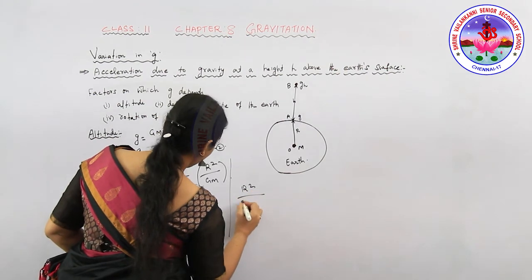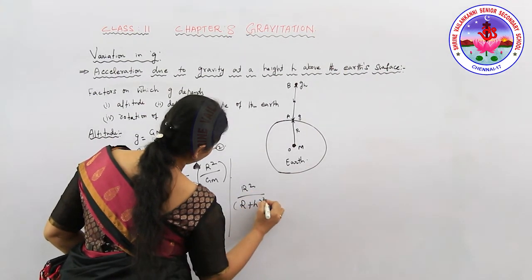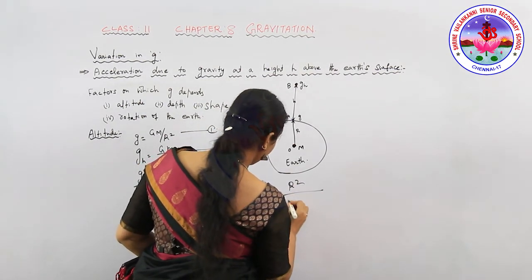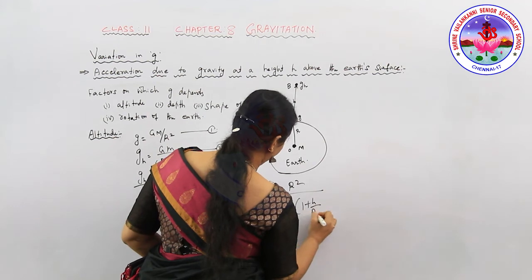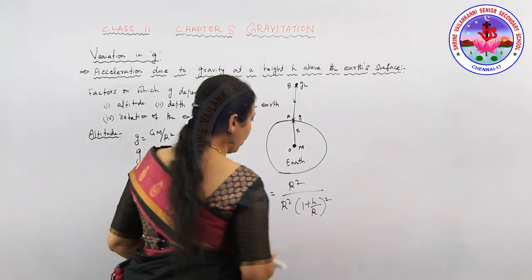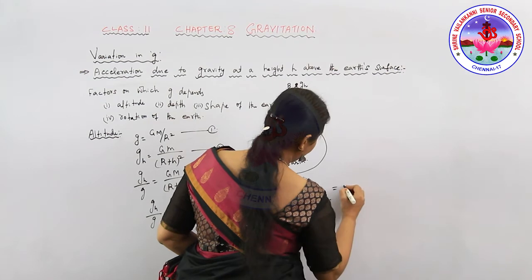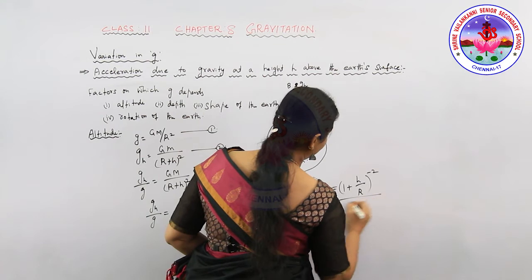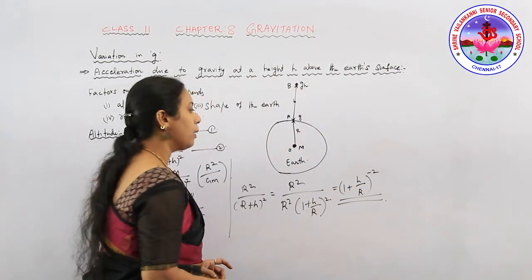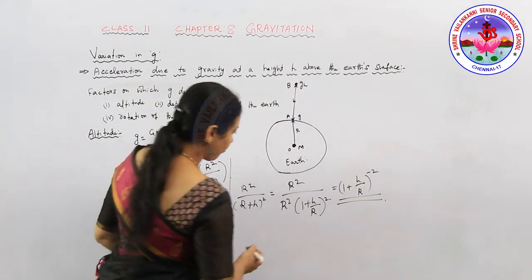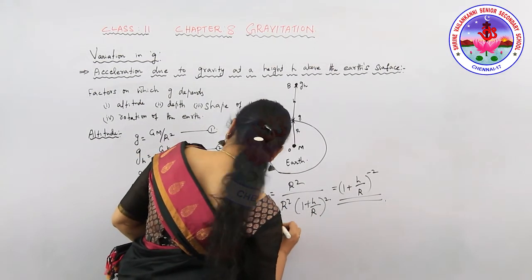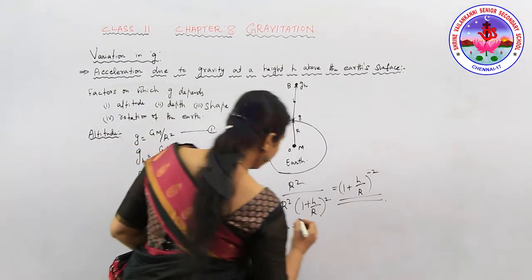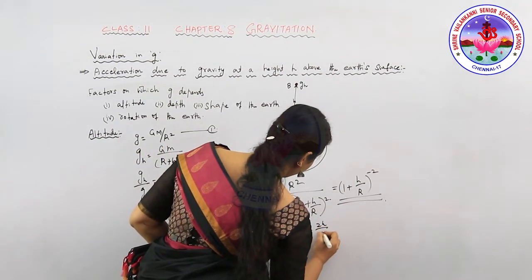Now r square by (r plus h) whole square can be written as 1 by (1 plus h by r) whole square. By applying the binomial theorem, we get (1 plus h by r) power minus 2, so gh by g is equal to 1 minus 2h by r.